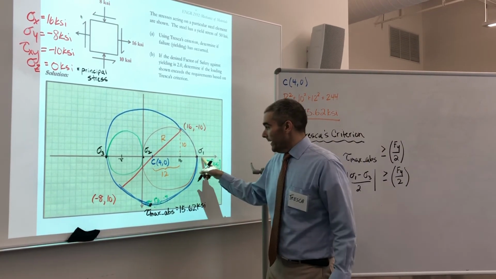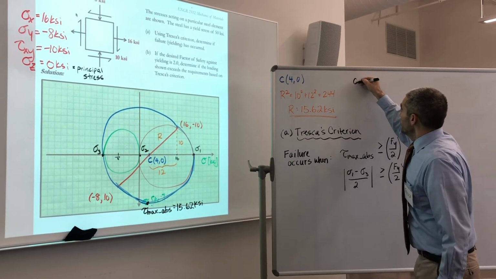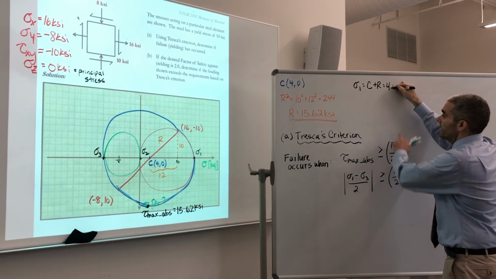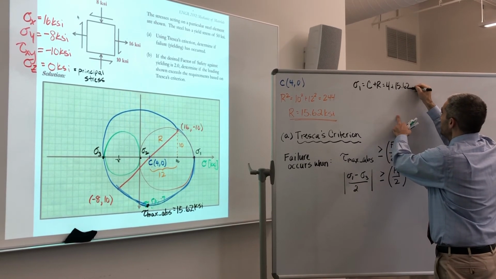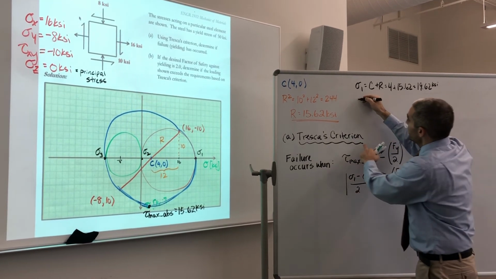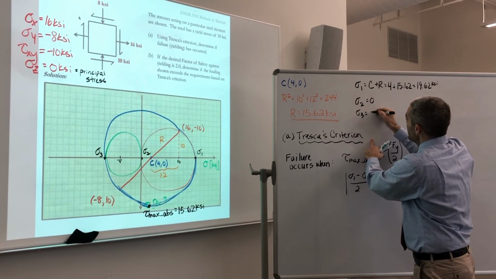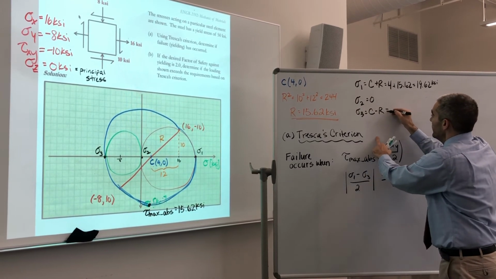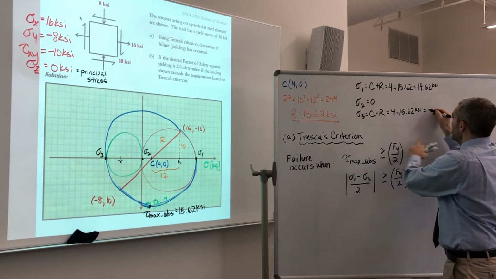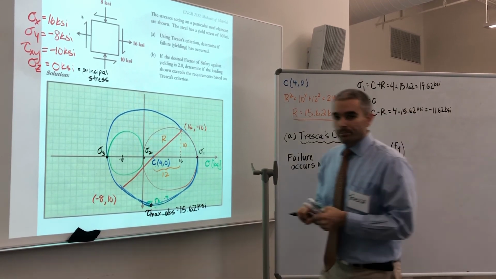Sigma 1 is the center plus the radius, so that was 4 plus 15.62, which is 19.62 KSI. Sigma 2 is 0. Sigma 3 is the center minus the radius: 4 minus 15.62 gives us negative 11.62 KSI.